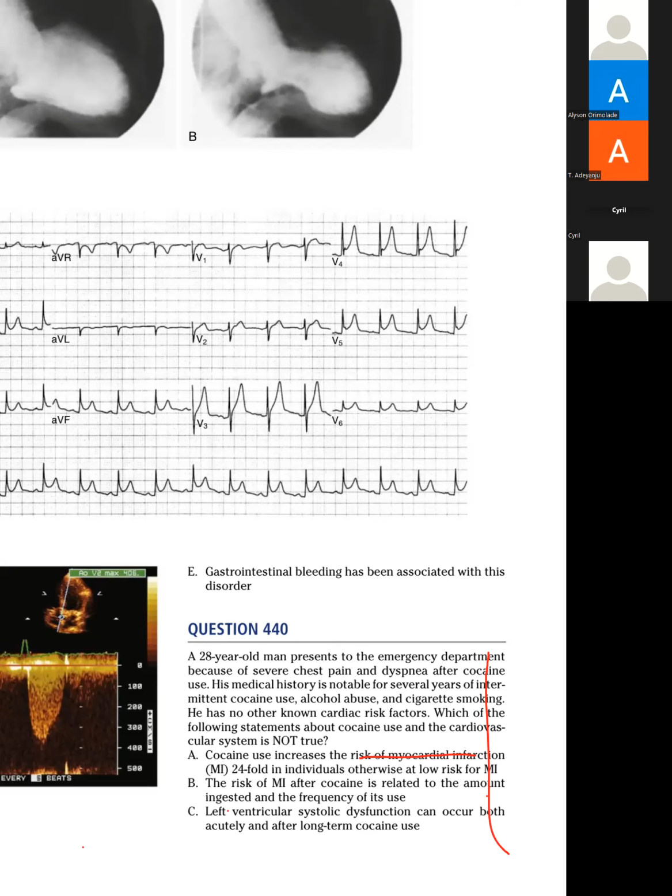Just like we remember binge alcohol holiday syndrome, maybe we should take this one as well: the binge use of all these hard substances can actually give LV dysfunction. MINOCA is actually a new concept, because people don't only diagnose ACS when you have obstruction.